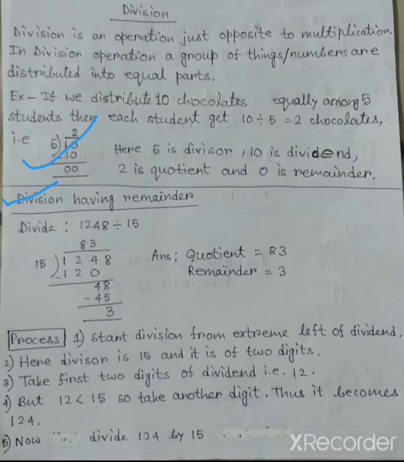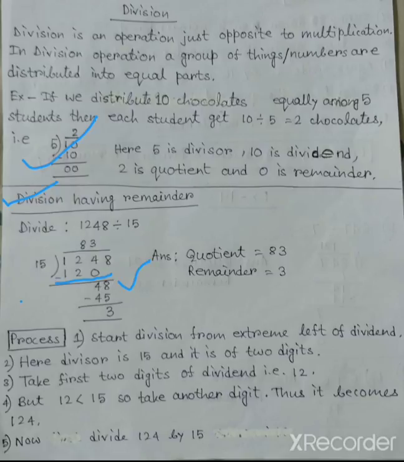Divide 1248 by 15. Here, using the multiplication table of 15, you will get 15 8s are 120, that is this, and after subtracting 120 from 124, you will get 4.